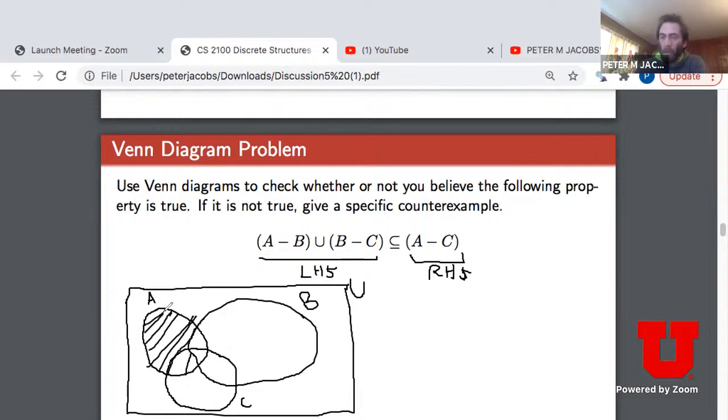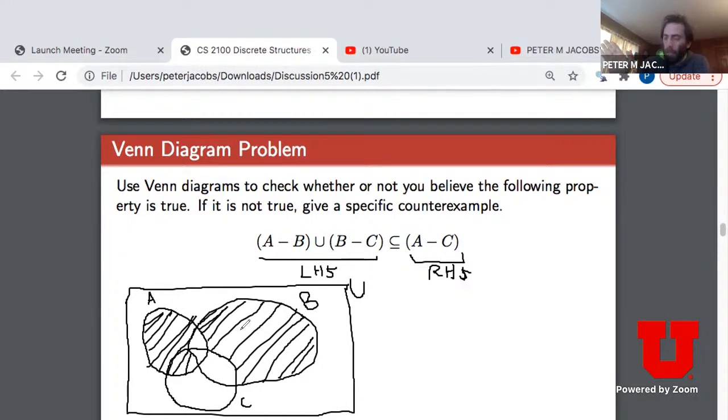So we took A without B, that's A minus B, the part of A that is not in B. We shaded in everything except this piece here, which is in B. Then B without C. Similar idea here: we shade in the part of B that does not involve C. And then the left-hand side is the union of these two sets.